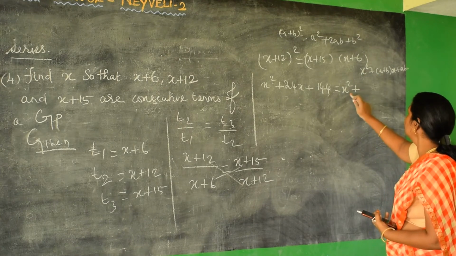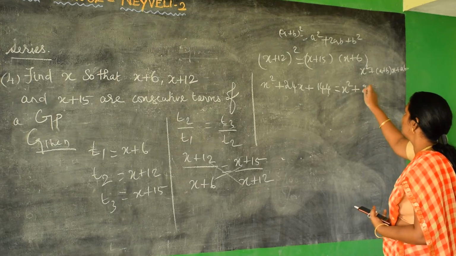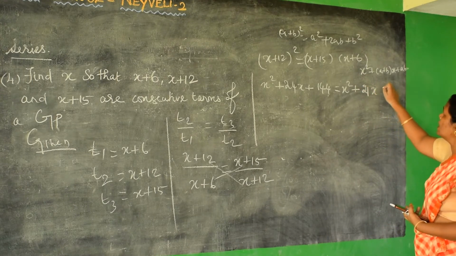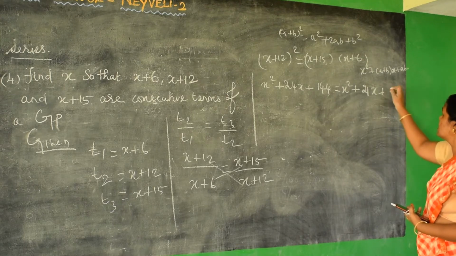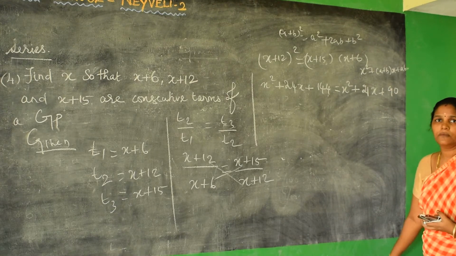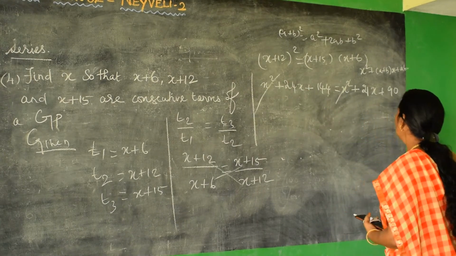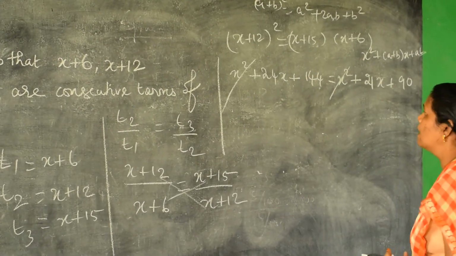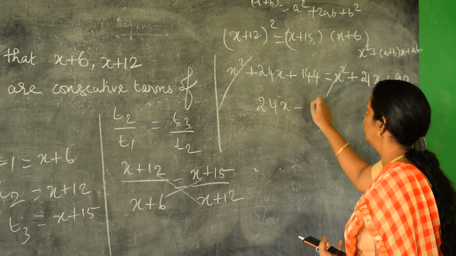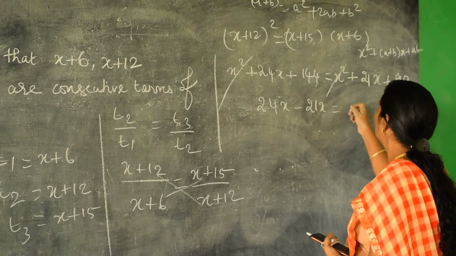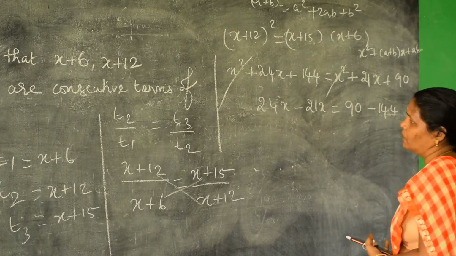So x square plus a plus b, that means 15 plus 6 is 21, so 21x plus ab. 15 into 6 is 90. Do you understand? So x squared and x squared get cancelled. You bring the like terms here, the 21x. So 24x minus 21x is equal to 90 minus 144.